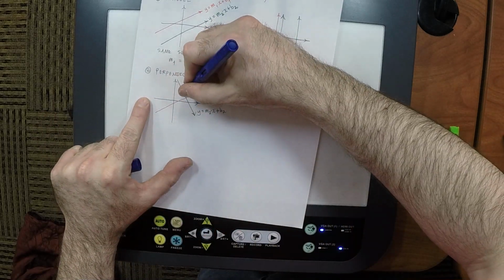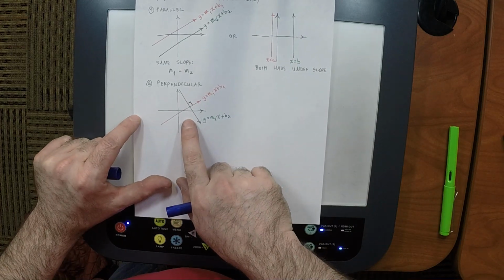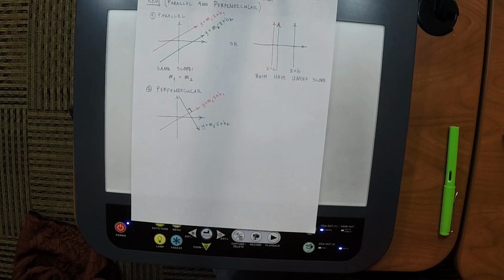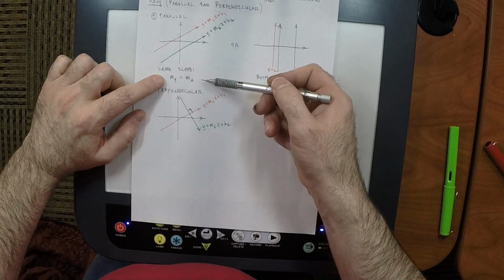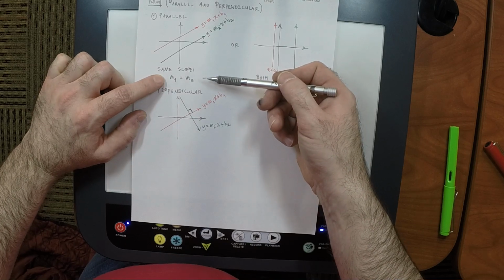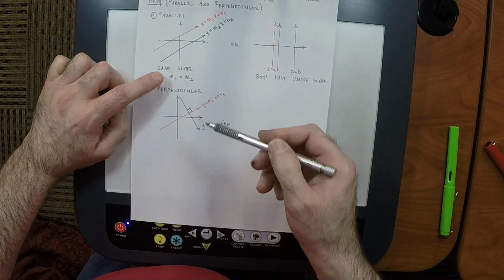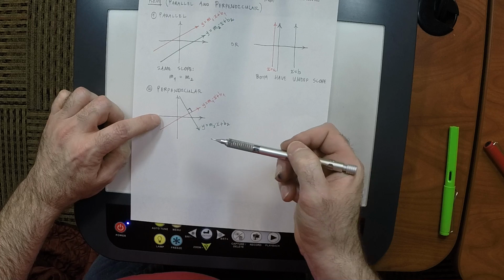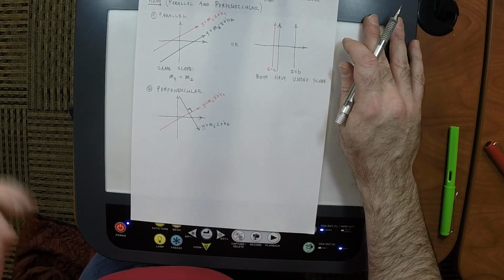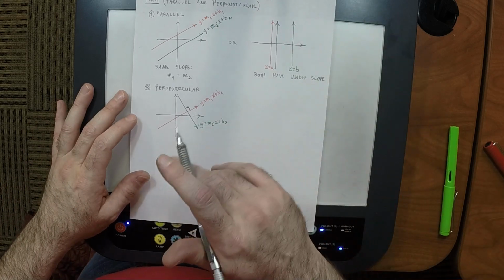So that crossing is a right angle. And just like up here, where we had an algebraic condition, what must be true about the slopes in order for the lines to be parallel? Well, they have to have the same slope. And now what we want is a condition on the slopes that must be true in order for them to be perpendicular. Now this one is much less obvious.